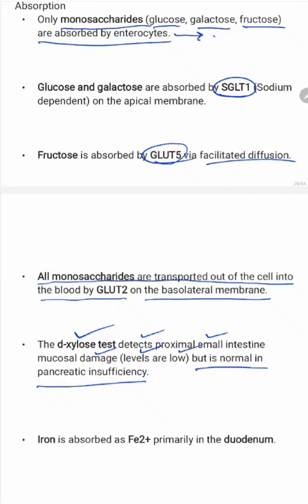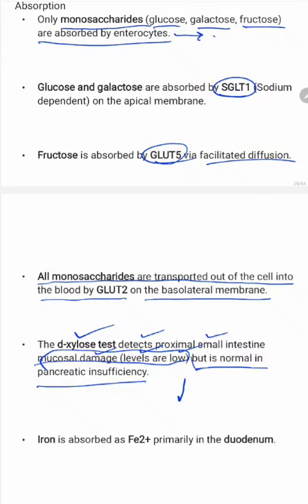It is absorbed by the GIT lining. Okay, just intact GIT lining is required for its absorption. So if there is damage to the GIT mucosa, then its level will be low in the body.